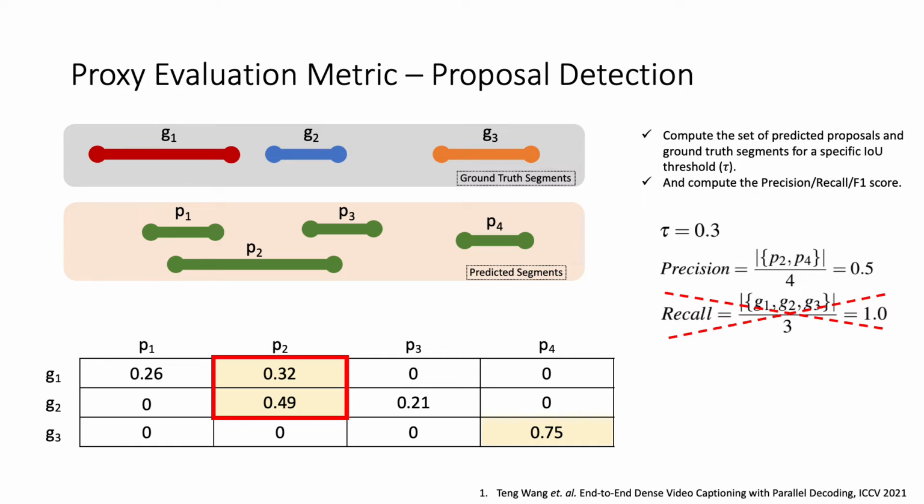However, we argue this is incorrect as the ground truth G1 and G2 match with the same proposal P2, and we will use the single predicted segment to generate the summary, which can lead to inaccurate results. The correct recall should be 2 by 3 with G2 and G3 in the ground truth set.